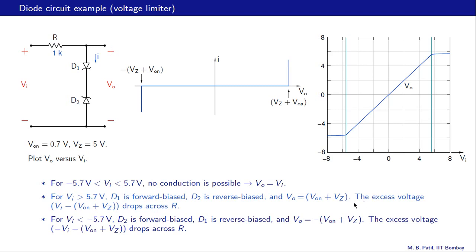The excess voltage, that is the difference between Vi and the output voltage, that is V on plus Vz, drops across R. As an example, let us say Vi is 10 volts. Of this 10 volts, 5.7 volts will drop here, and 4.3 volts will drop across R.